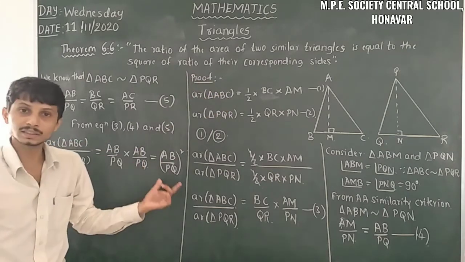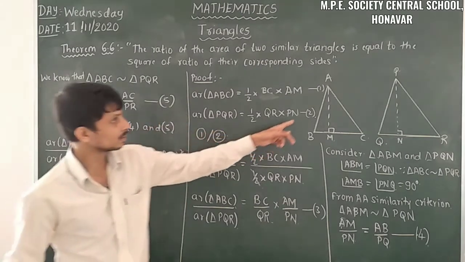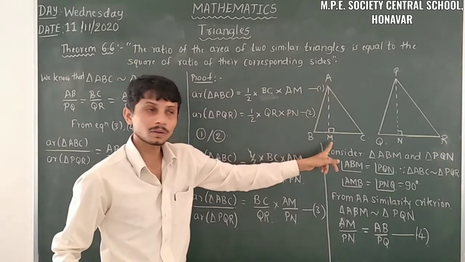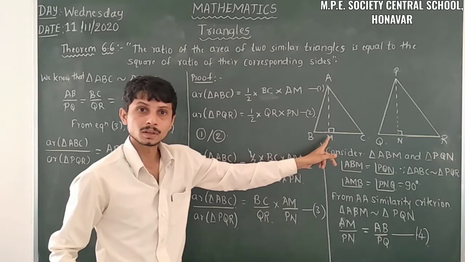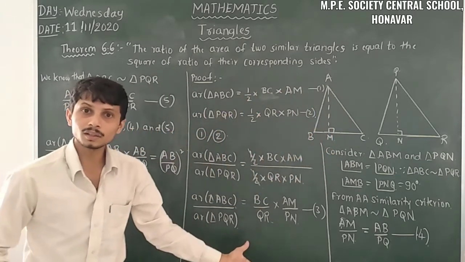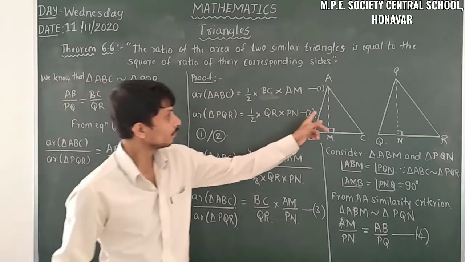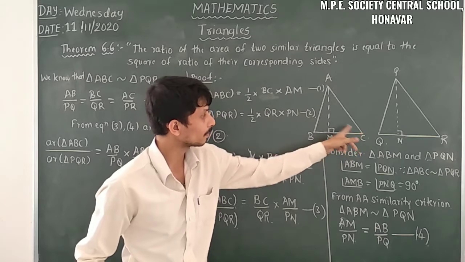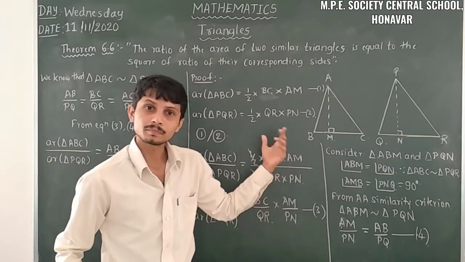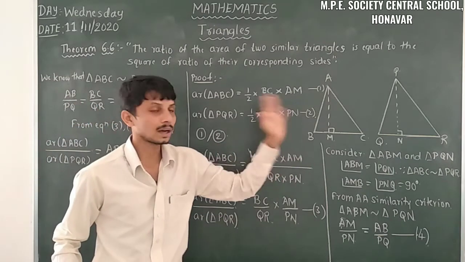Here we took the perpendicular height from A. When you take the perpendicular height from B, we get another relation, that is BC by QR whole square. And when we take the perpendicular from C, we get AC by PR whole square.